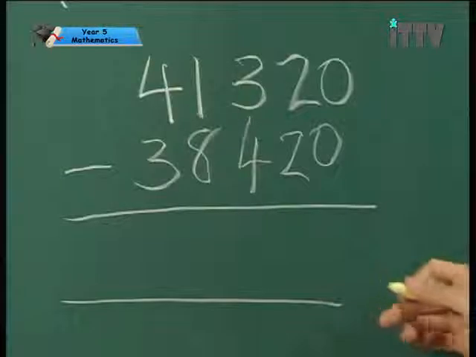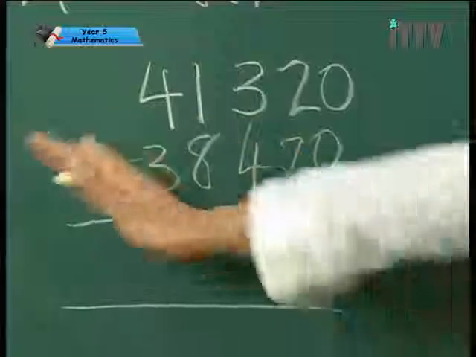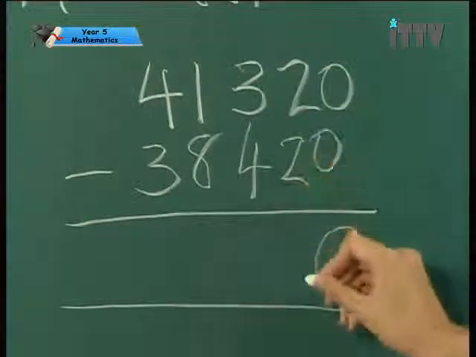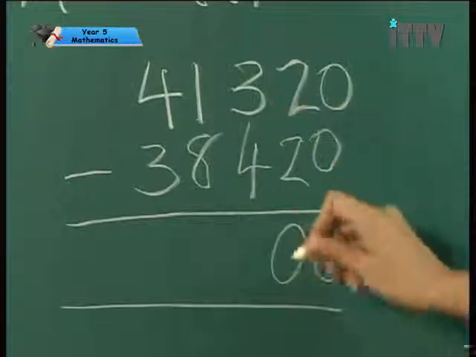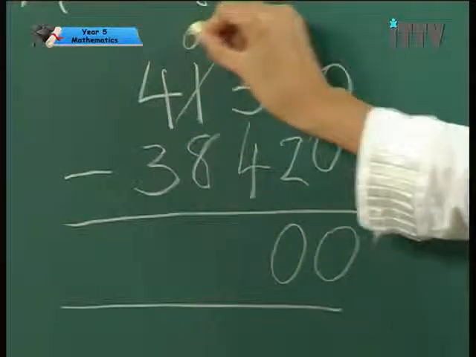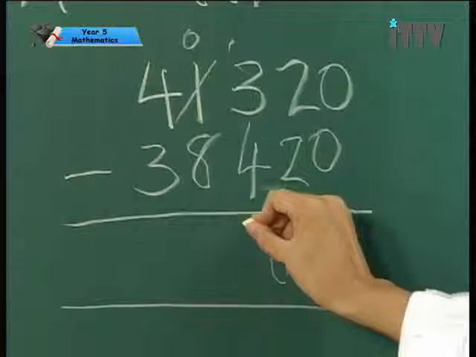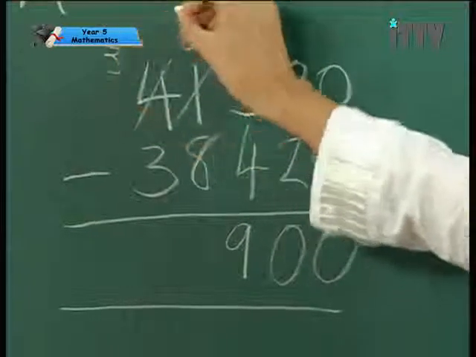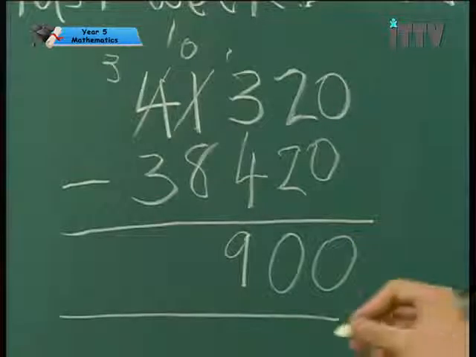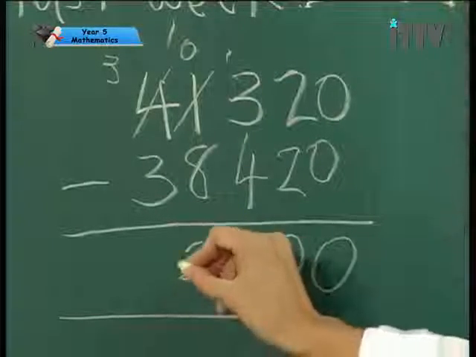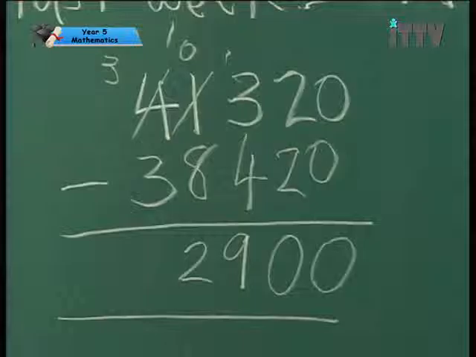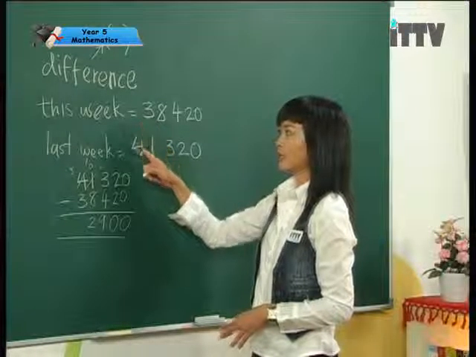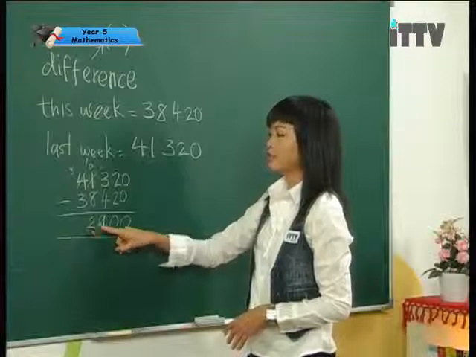Yes? Now we're ready to subtract from the right to the left. 0 and 0. 2 minus 2. 3 minus 4 gives us 9. Trade again. 10 minus 8. And this is 0.